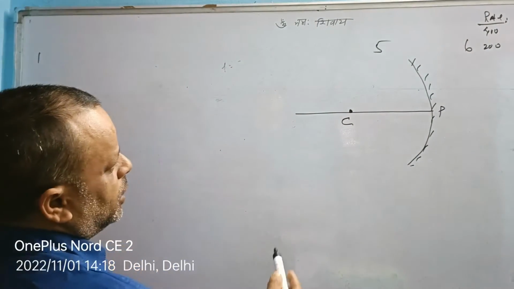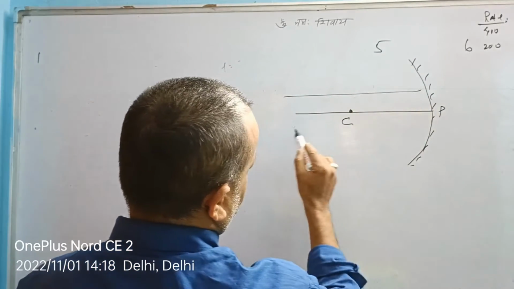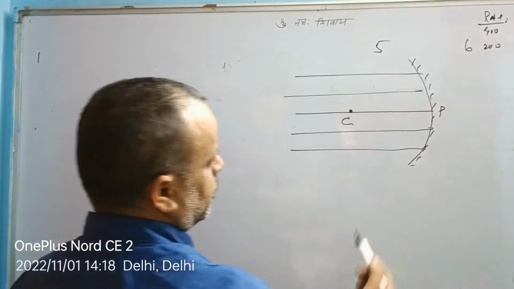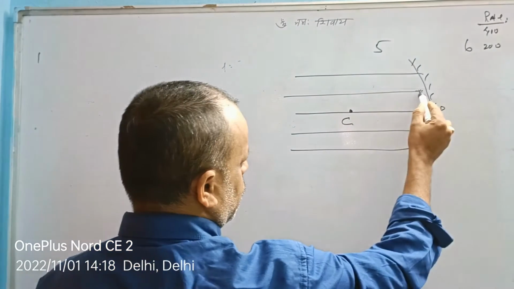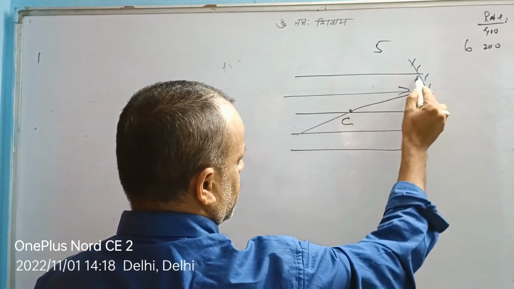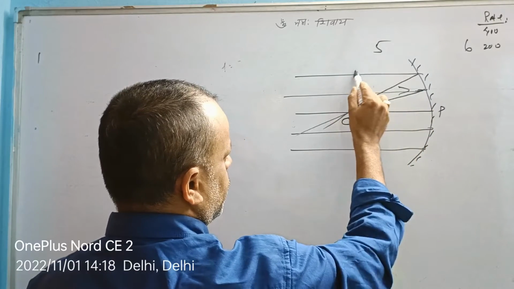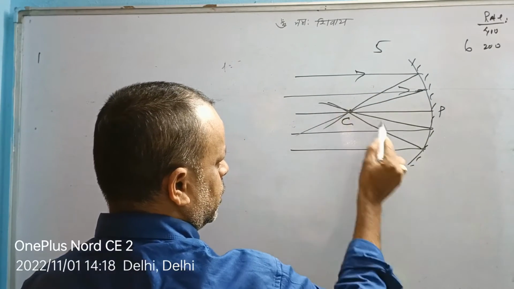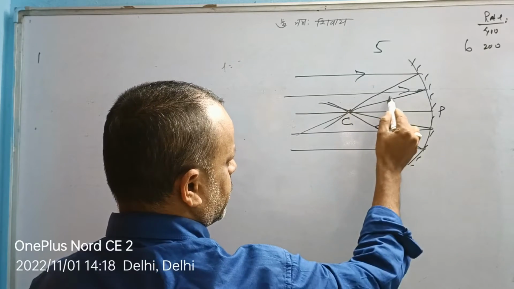When we draw a large number of rays parallel to the principal axis, what will happen? All these rays will converge to a point called the focus in the case of a concave mirror.